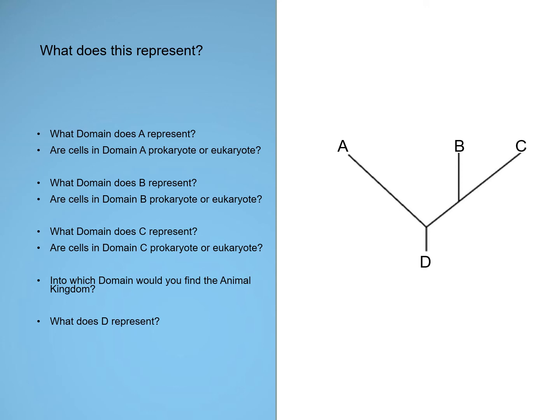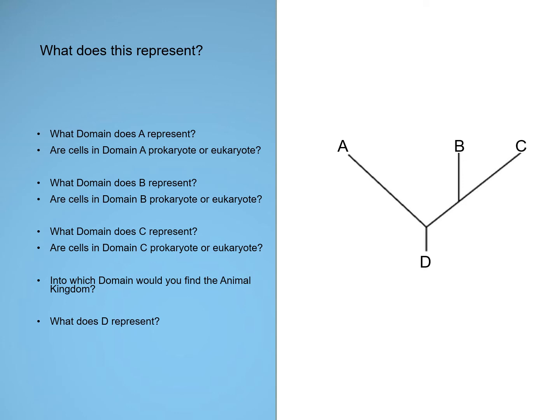So these letters up here, A, B, and C, represent the 3 domains of life that we learned about. So what domain do you think is A? What domain do you think is B and C? Of these domains, which ones of them are prokaryotes?